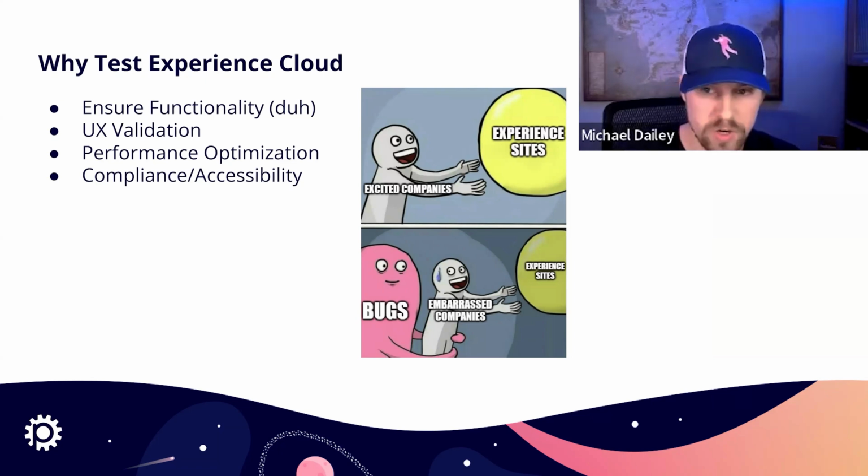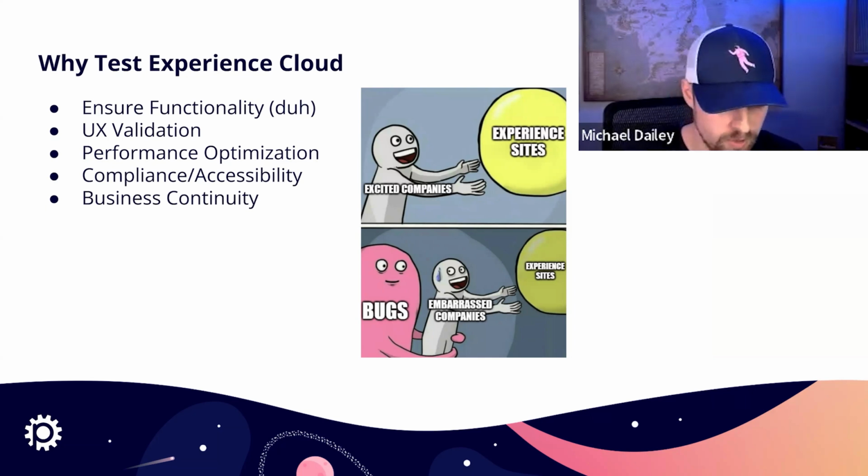And the last one here that I'll mention, well, second to last one anyway, is business continuity, which may sound a little grandiose when I say that. You want to make sure your business can continue.